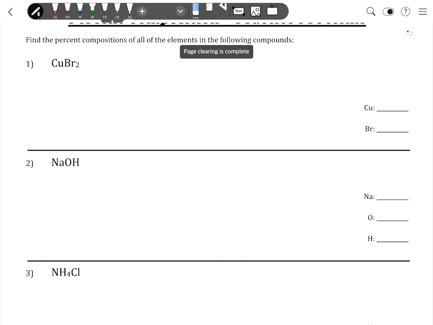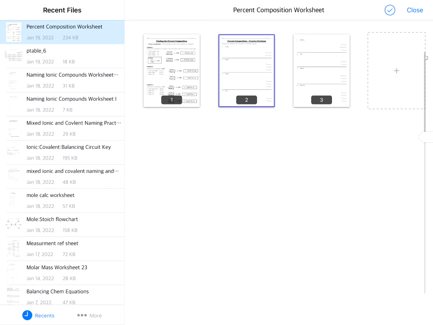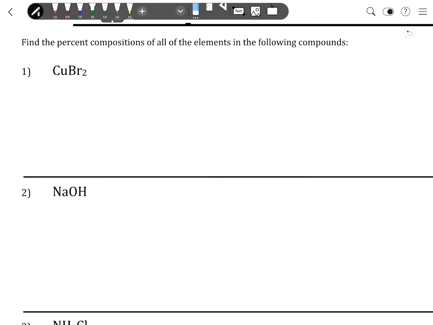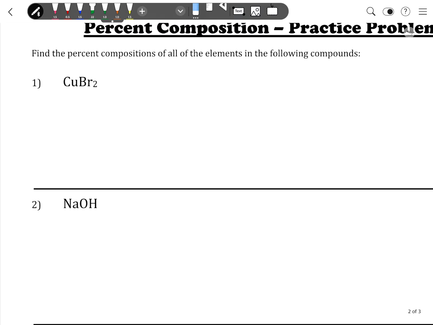and start again. So directions are to find the percent compositions of all the elements in the following compounds. So we're going to start with copper bromide. And so you want to be able to find the molar mass of that compound before you can find the percent composition of each element in that compound.